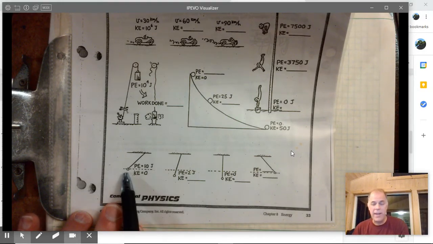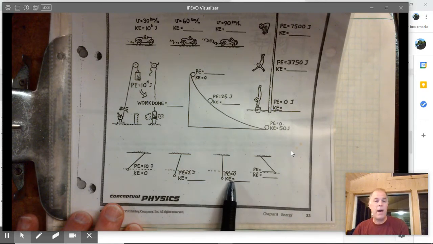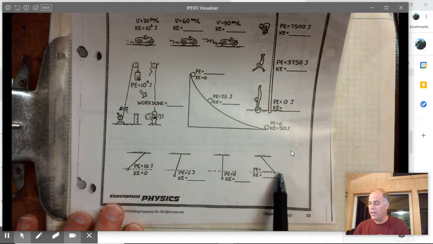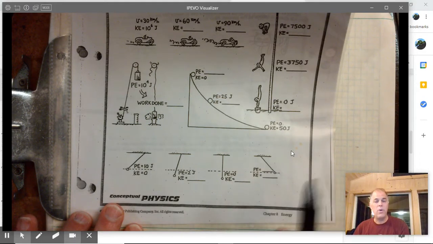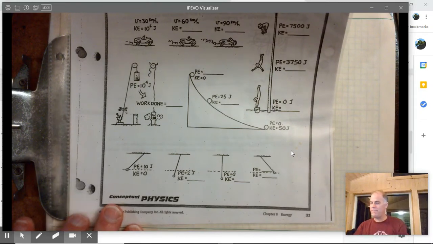So it has zero kinetic energy, and all the energy it has is potential. And then it goes faster and faster and starts to convert that energy into kinetic. And when it's at the very bottom of its swing, it's all kinetic and there's no potential. And then it converts it back into potential again. So the total energy is always the same, but the pendulum is continually transforming it from kinetic to potential and back again.